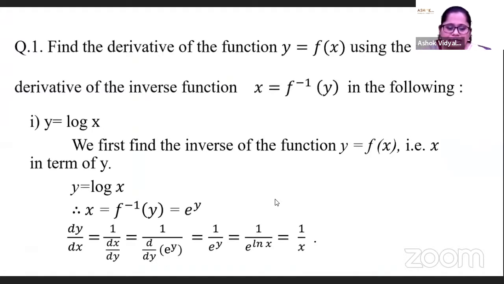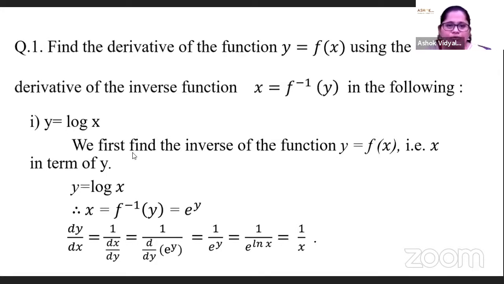Now, see the examples on this theorem. The first example is: find the derivative of the function y is equal to f of x using the derivative of the inverse function x is equal to f inverse of y in the following function. Here the function is y is equal to log x.